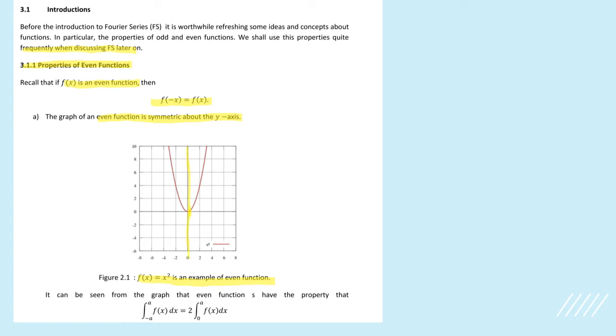It can also be seen from the graph that even functions have this property: when you integrate the even function from minus a to a, you can simplify it to 2 times the integral from 0 to a. From this graph, you can see that the integral is the area under the graph.